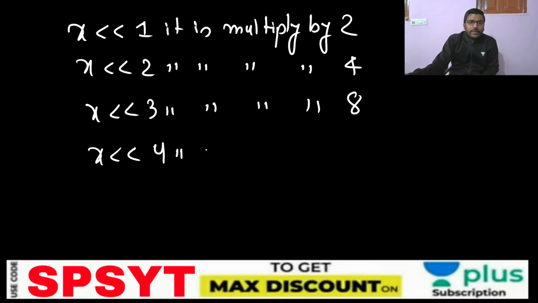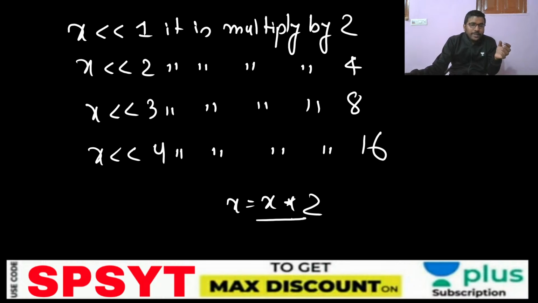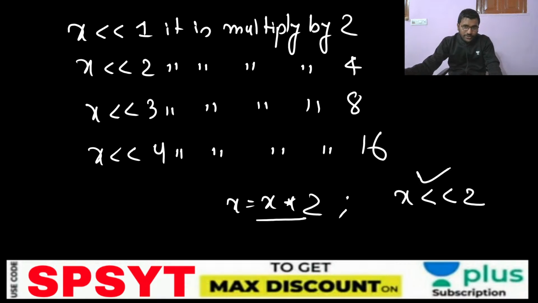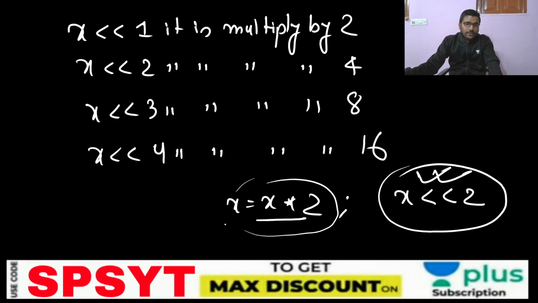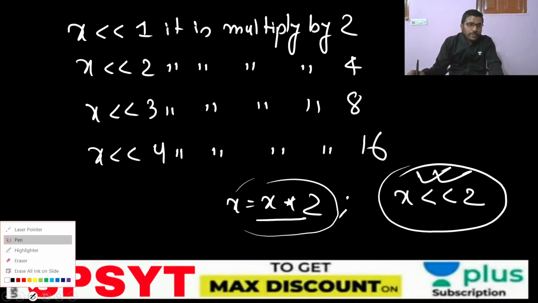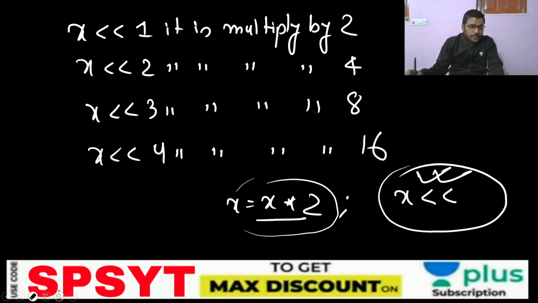So whenever you want to multiply any number, x equal to x into 2, no need to do it arithmetically, because the bitwise operator works faster than arithmetic. It works internally, so in competitive programming you use this instead. If you want to do into 2, it will be left shift 1. Let's take an example.